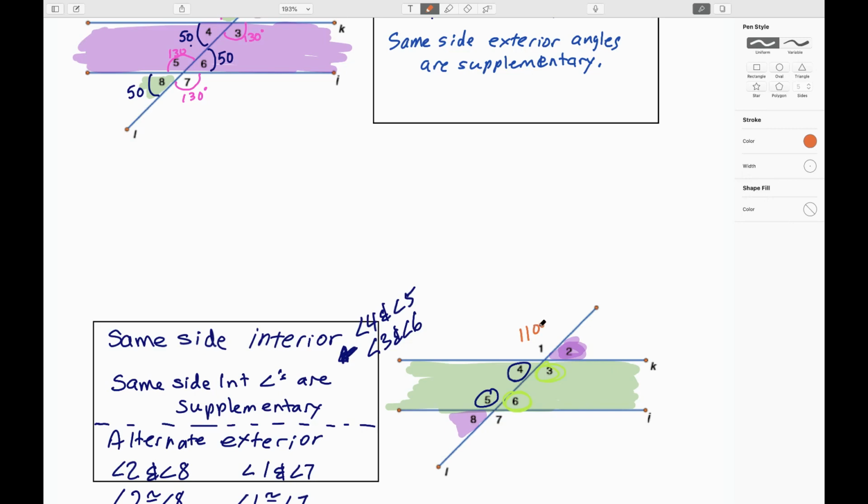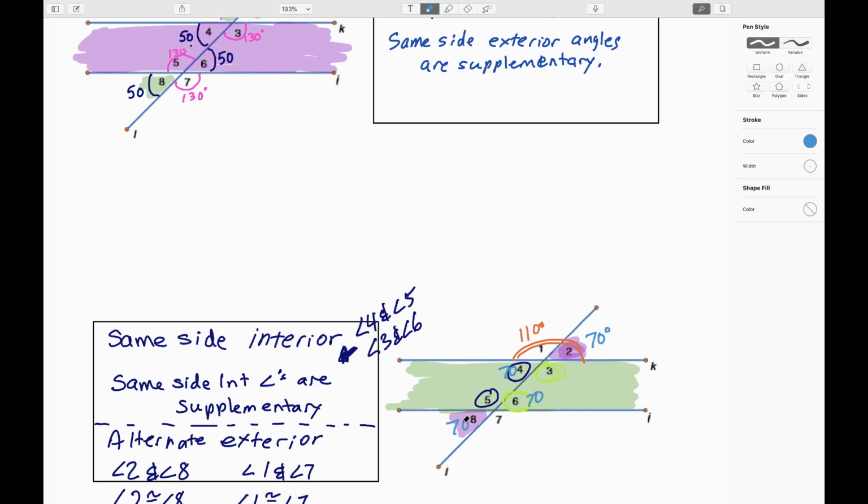Okay, automatically, if this is 110 and I'm looking at this, then I know that this is 70, because 110 plus 70 is 180, and it has to be 180. So that means that this is 70, that this is 70, and that this is 70.